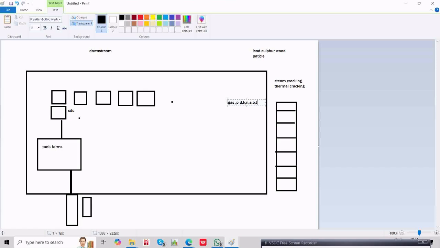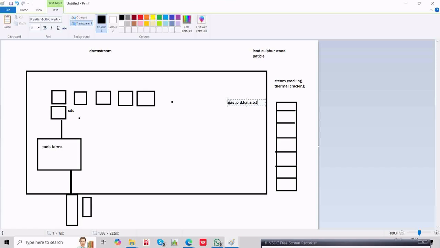The lightest gas will be at the top, and then it goes down. These are the byproducts from the CDU unit.